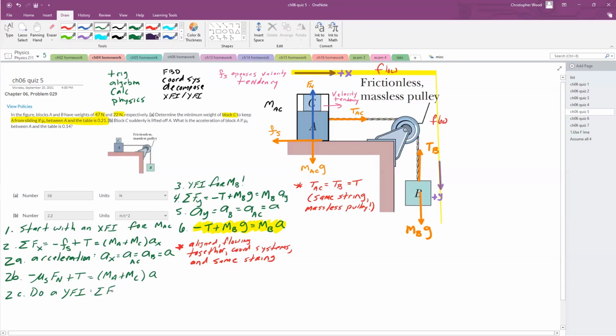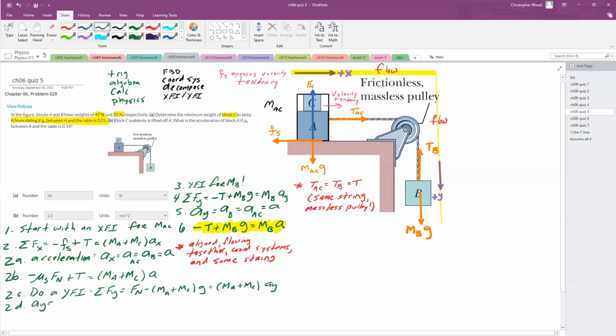The sum of all those Y forces acting on MAC: I've got F sub N going up, and I've got weight going down, MA plus MC times G equals mass times A sub Y, and we know that's equal to 0.